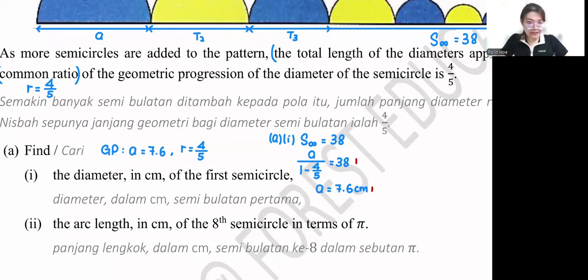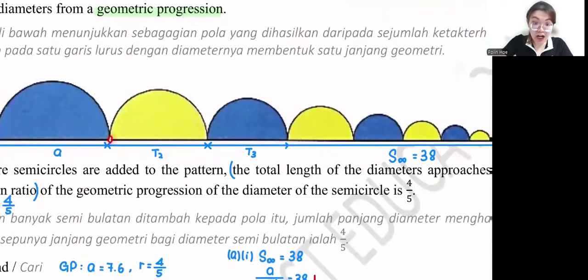Find the arc length. What is the meaning of arc length? The curve. This is the arc length. Understand? One more time. This is the arc length. s equals r theta. The r there means radius of the 8th semicircle.